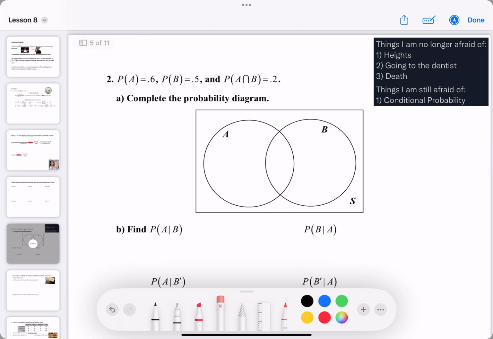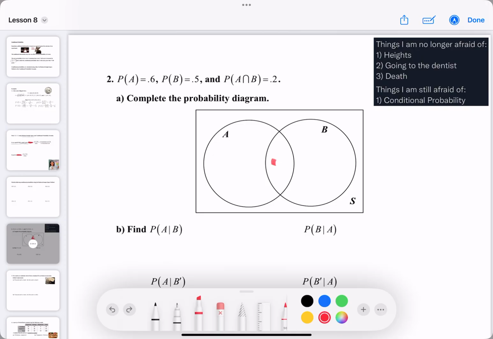All right, let's complete the probability diagram. P of A equals 0.6. P of B equals 0.5. And P of A and B is 0.2. What is the meaning of A and B? That is the overlapped area.